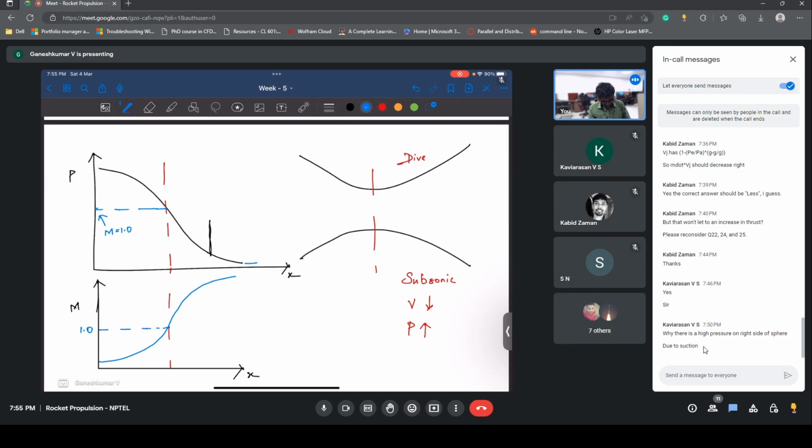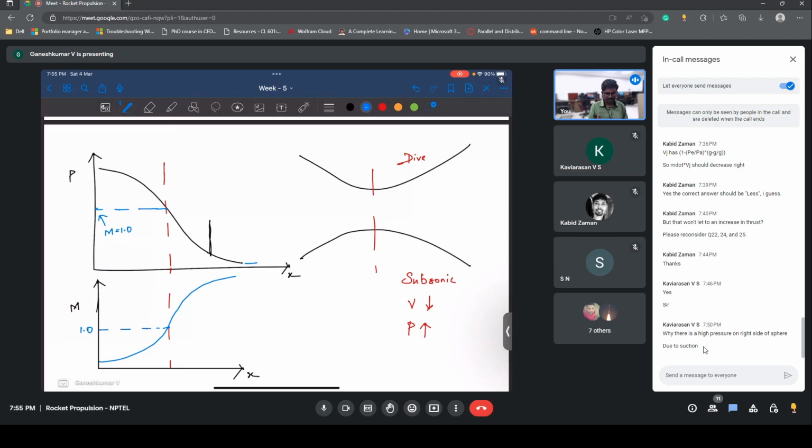Now you have to expand further, because in the divergent section, for a supersonic flow, velocity is going to increase and pressure is going to decrease, right? So pressure keeps on decreasing, but since it's a supersonic flow, it doesn't know the ambient pressure. So in order to reach the ambient pressure, it puts a normal shock. That normal shock keeps on moving forward as the pressure gradient increases, and it becomes an oblique shock later.